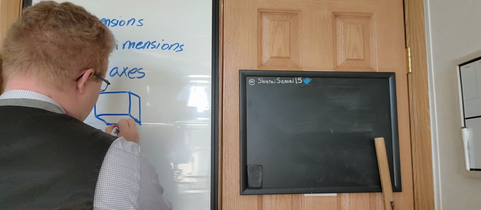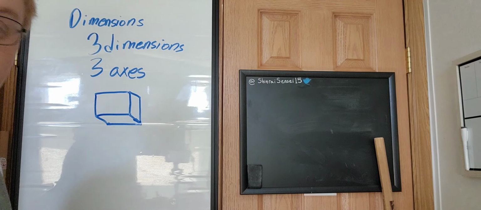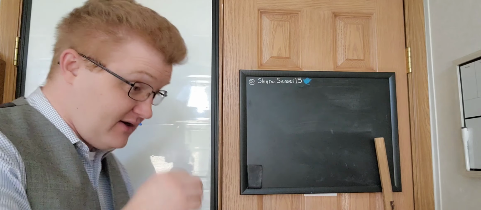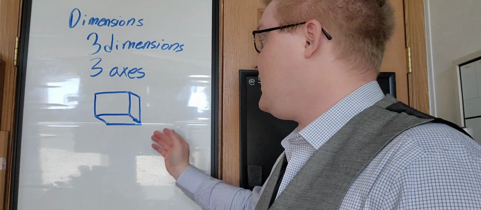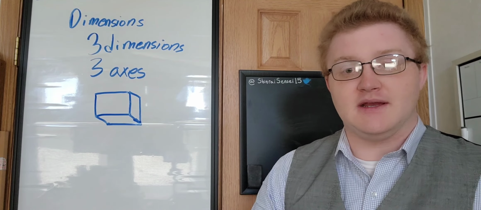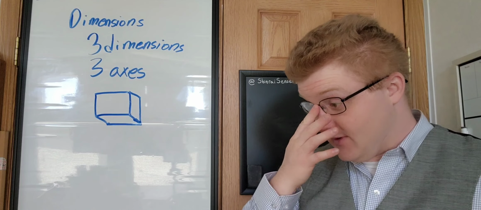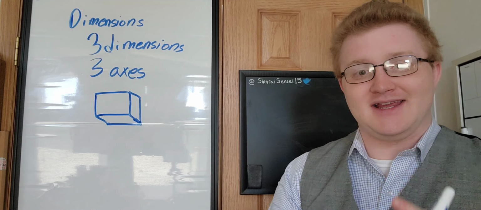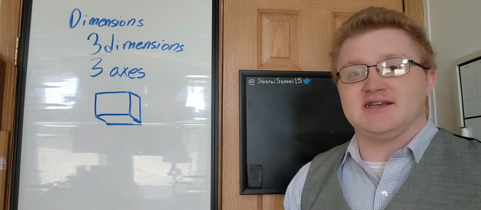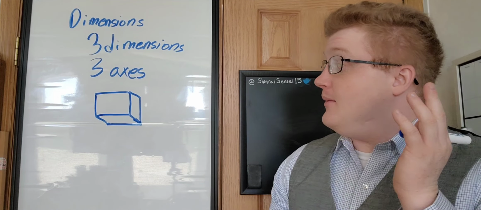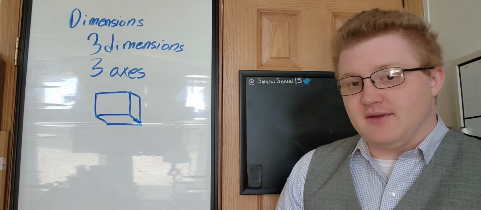Not the greatest freehand artist, if you guys couldn't tell, but there you go. This is the easiest way to show a three-dimensional object on a two-dimensional plane, such as this board, because you can't really show the axes without having an object on the axes to show that the z-axis isn't just a 45-degree angle coming off the x and the y. Three-dimensional objects are the only way to show that.